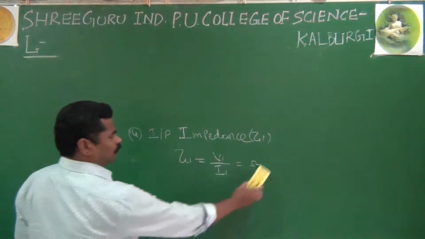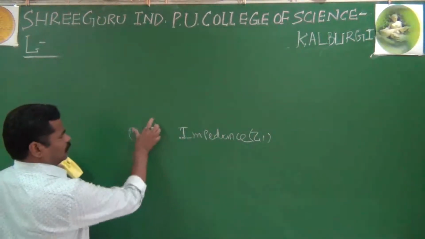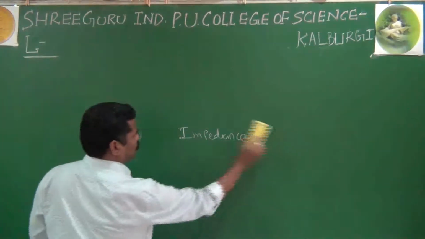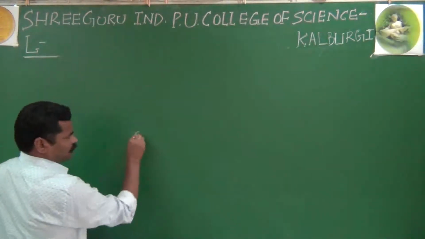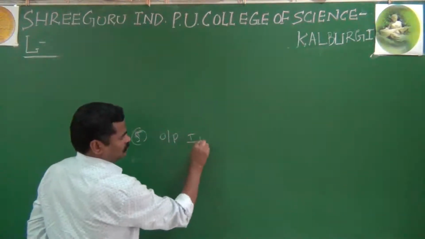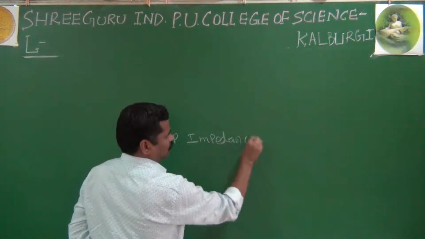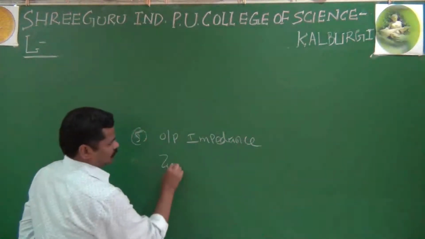Similarly, let's go for the output impedance. It is also called Z0.